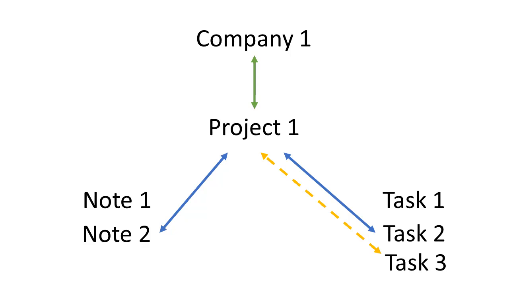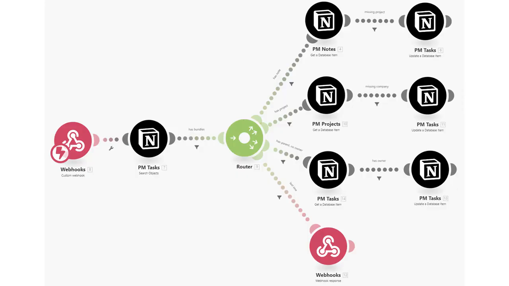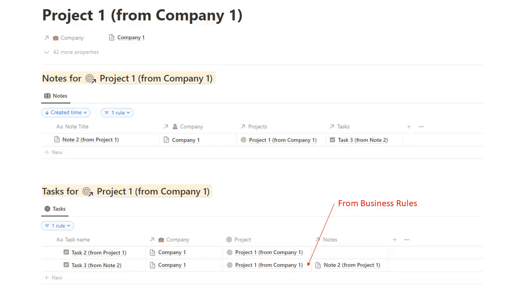The project is not expected to see the first note or task because those only pointed to the company and had nothing to do with the project. The business rule is fired by a webhook, and we see the second note that was already there, but now we can also see the third task as well.